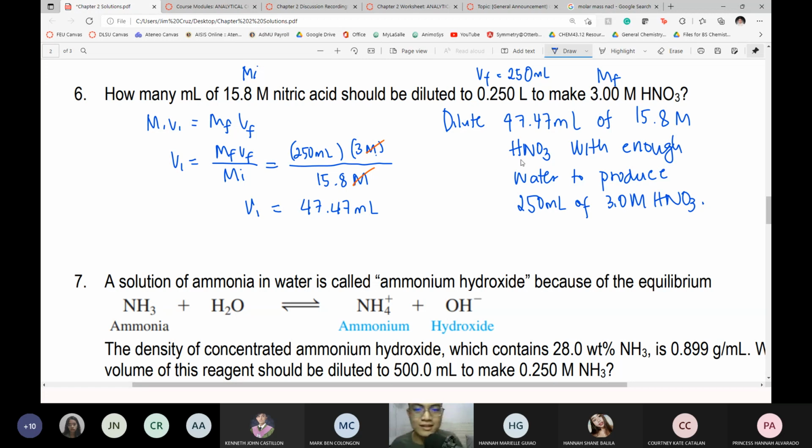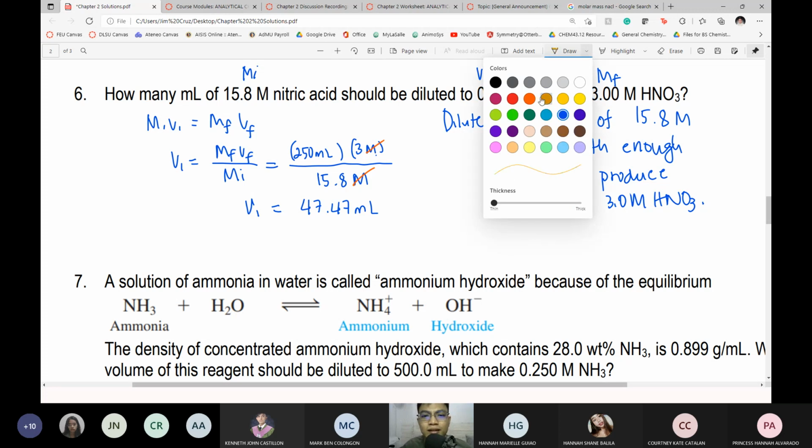Kasi ganito sa quiz. Magta-type kayo ng parang essay. So, describe the preparation of this concentration. Sabihin nyo, dilute this amount of that with enough water to produce the final product. Okay. So, ito yung mga binabago ha. So, fix na yan.